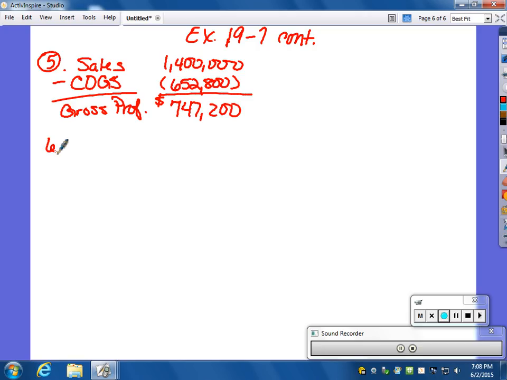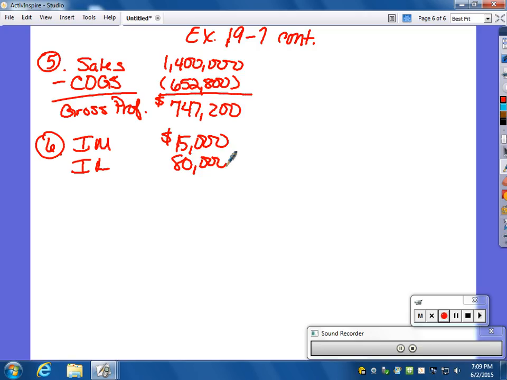What's next? The over applied and under applied. So overhead, what do we start with? Indirect materials, which is how much? 15,000. What's next? Indirect labor, which is how much? 80,000.